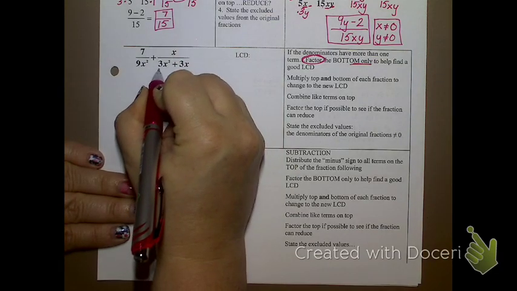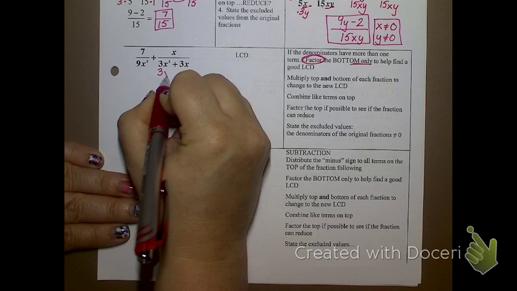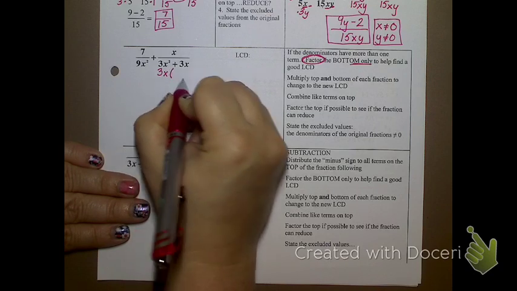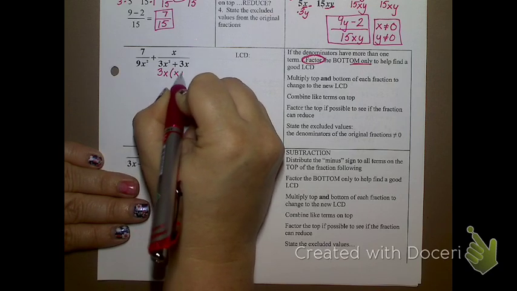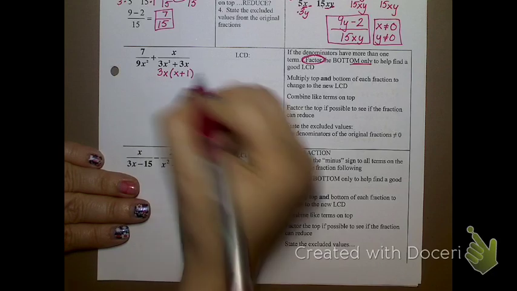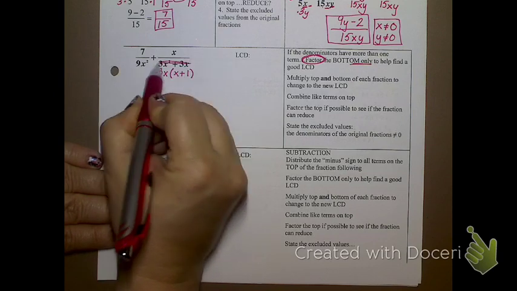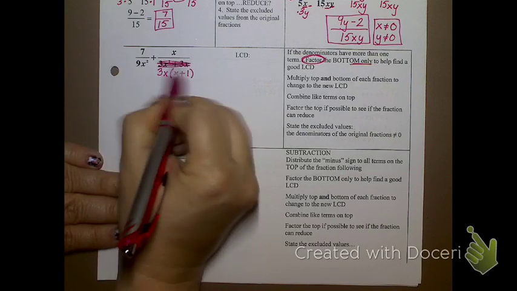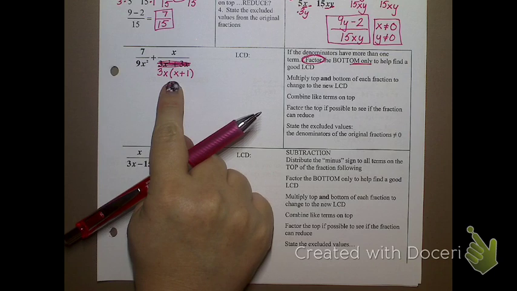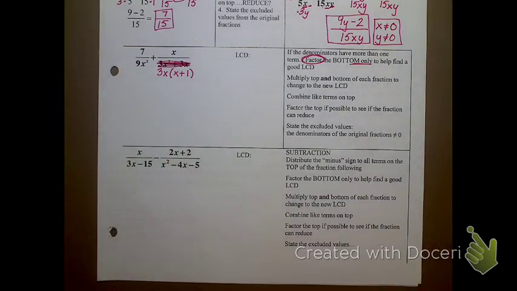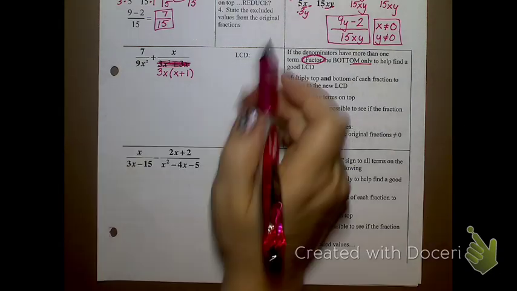I can take out a 3x, and what would be left inside? Plus 1, right? So for the remainder of the problem, I am not going to be looking at this form of the denominator. I'm only going to be looking at the factored form of that denominator. Make sense?